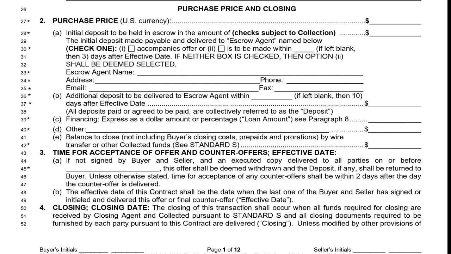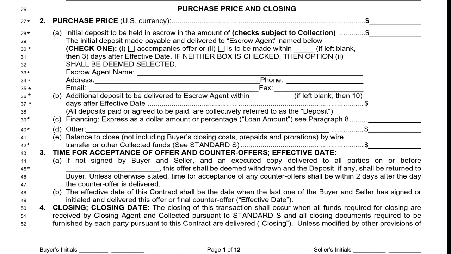What is the effective date? It's when both parties have signed and both parties have been delivered the final copy of the contract. So your buyer signs at 5 o'clock in the afternoon.